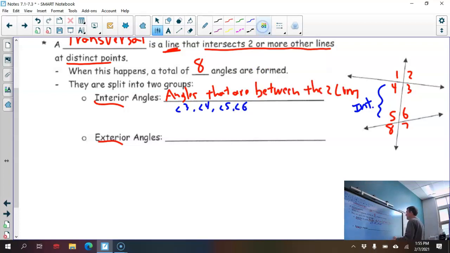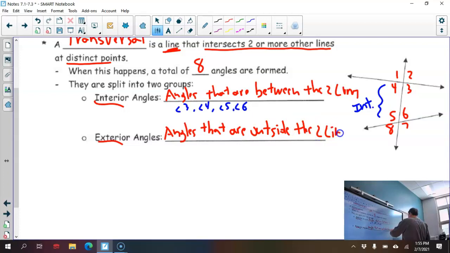And then on the other hand, angles that are exterior angles are angles that are outside the 2 lines.